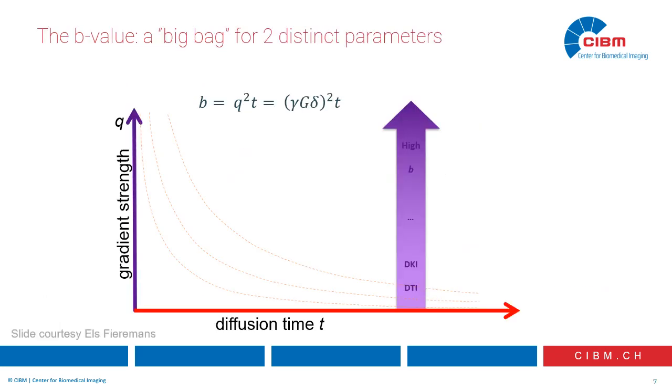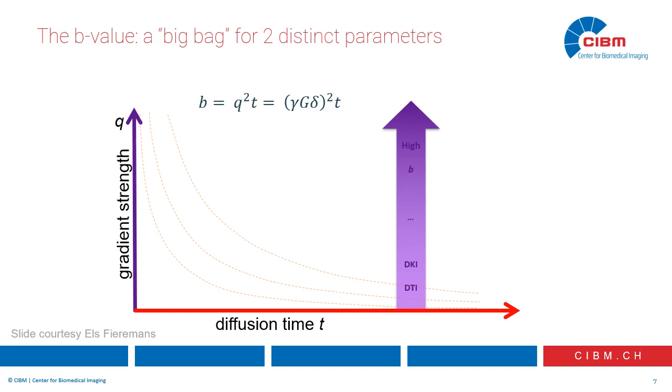So one very important concept for this lecture, as well as the following lecture, is that the b-value is really a bag for two distinct parameters. So you have this Q vector, which is pretty much your gradient amplitude, because you're trying to keep the gradient duration as short as possible to be in the narrow pulse regime, and this diffusion time, which is really your gradient separation.